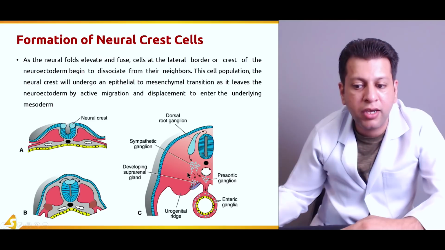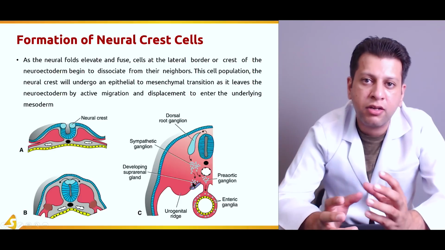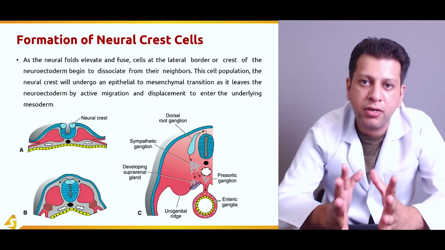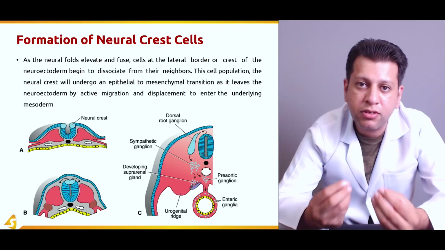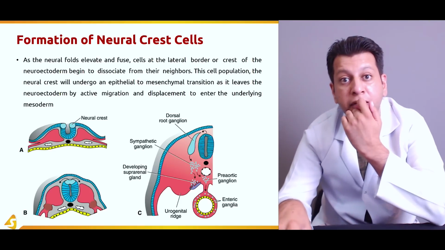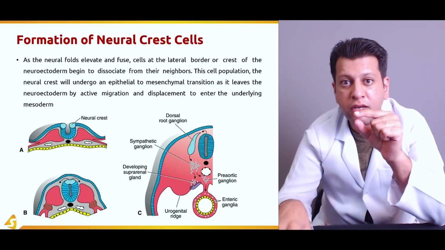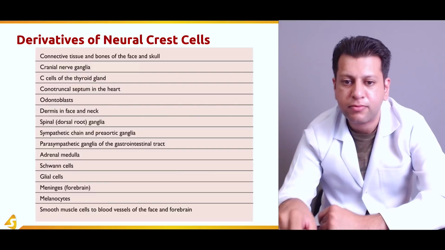Similarly, they also migrate towards the renal and suprarenal gland area, which is the nephrogenic area, and renal and adrenal glands are formed by the intermediate mesoderm. They migrate and form the nervous tissue in the adrenal medulla. So the nervous tissue of the adrenal medulla in the adult is derived from the neural crest cells.